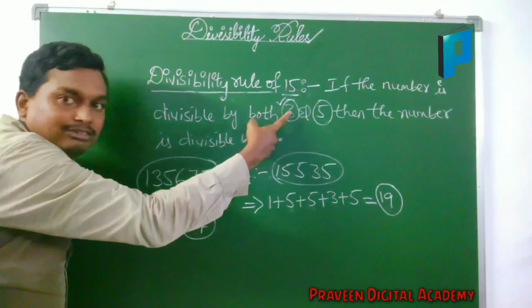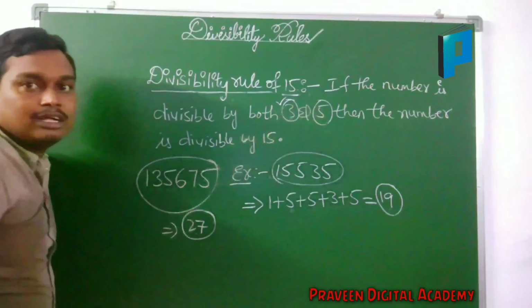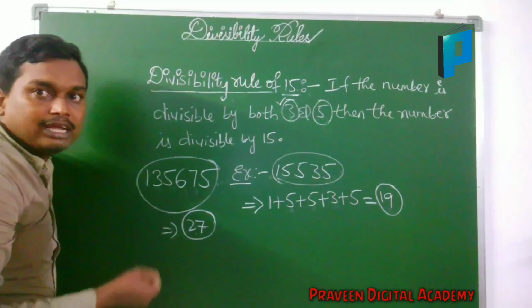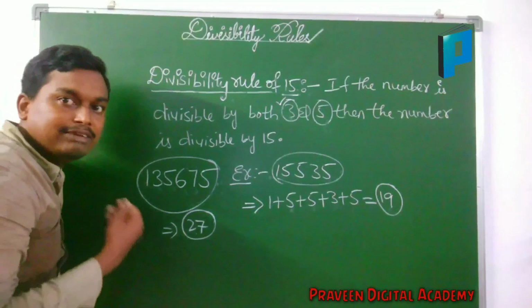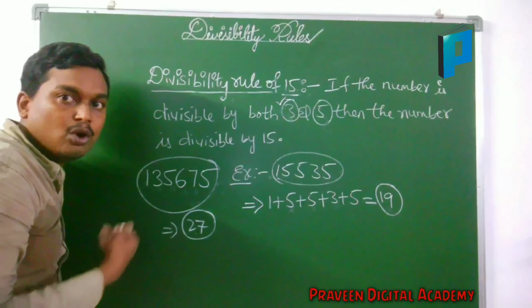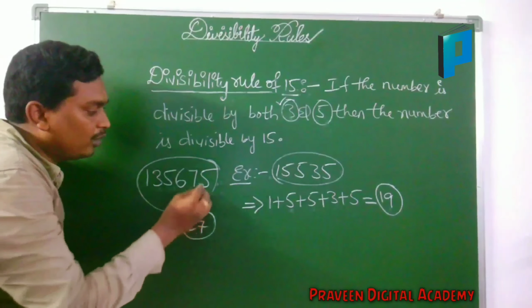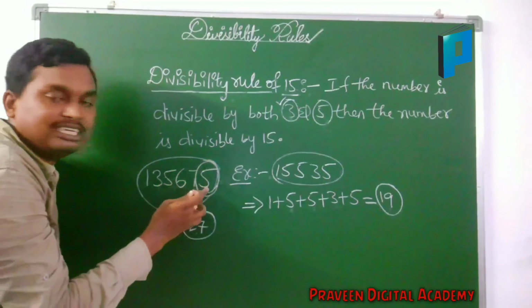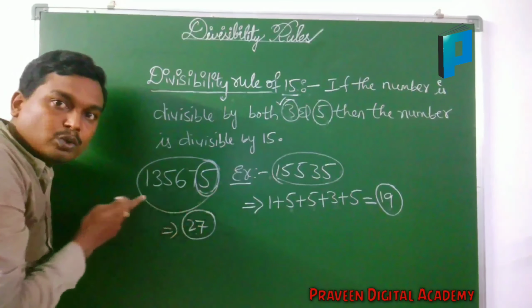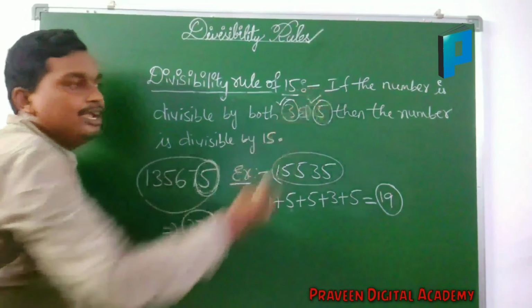If the number is divisible by 3, then go for the divisibility rule of 5. What is the divisibility rule of 5? If the unit digit is 0 or 5, then the total number is divisible by 5. What is the unit digit here? The unit digit is 5, so this total number is divisible by 5.